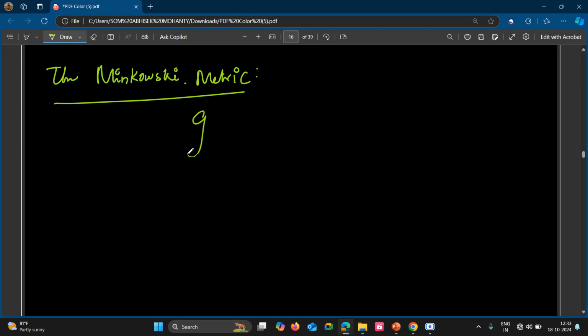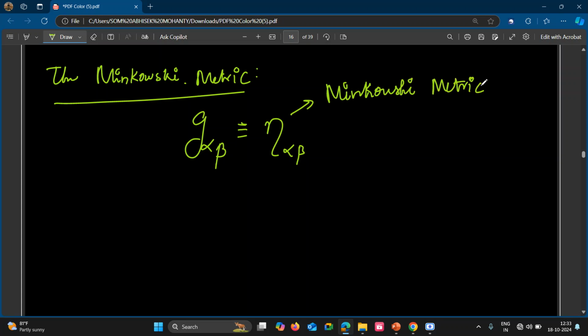That is, your g alpha beta gives rise to eta alpha beta. This is referred to as the Minkowski metric, which is actually diagonal, with each non-vanishing element normalized to unity. Anything that is non-vanishing or non-zero is normalized to unity in magnitude, right?